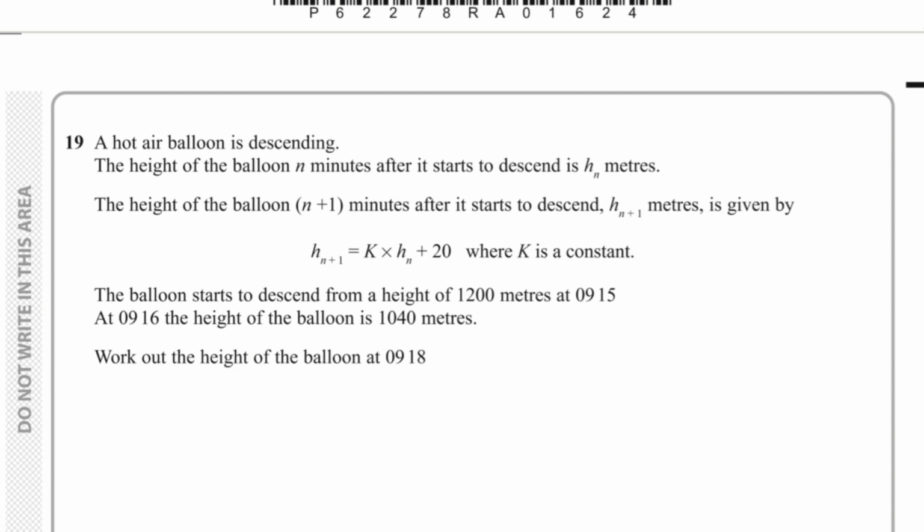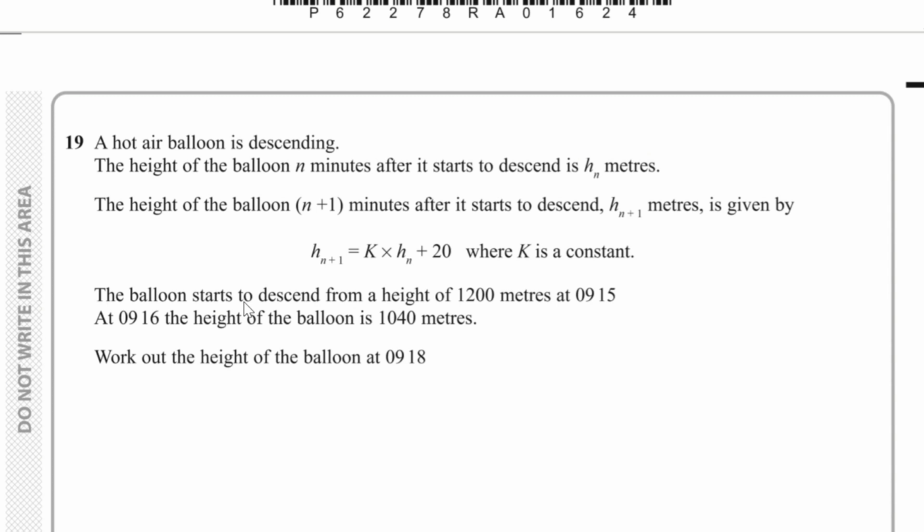Question number 19. A hot air balloon is descending. The height of the balloon n minutes after it starts to descend is hn meters. The height of the balloon n plus 1 minutes after it starts to descend is hn plus 1 meters, given by hn plus 1 equals k times hn plus 20, where k is a constant.